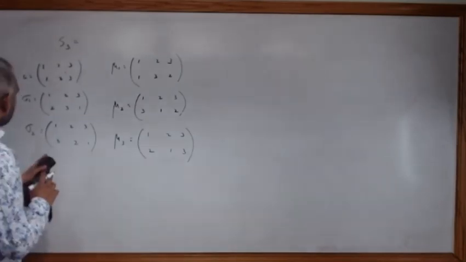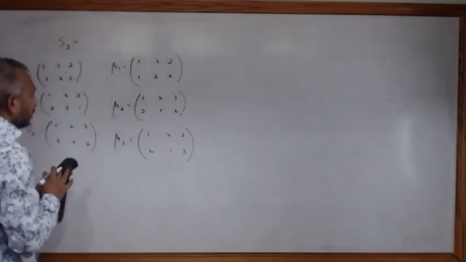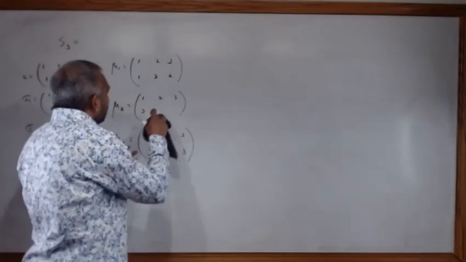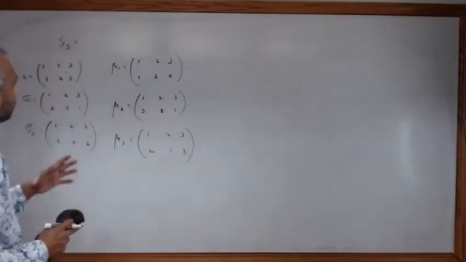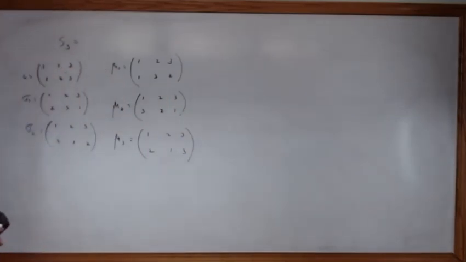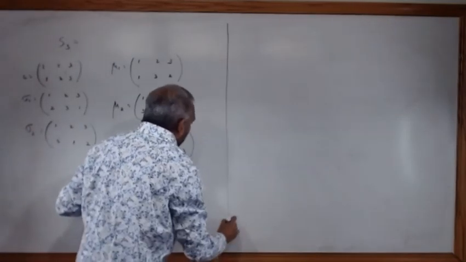Oh, sigma 2 is actually 3, 1, 2. I'm sorry, this is 3, 1, 2. And mu2 is going to be 3, 2, 1.